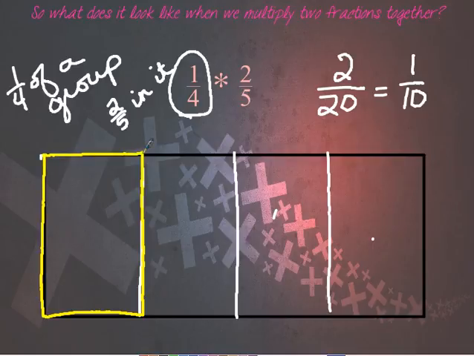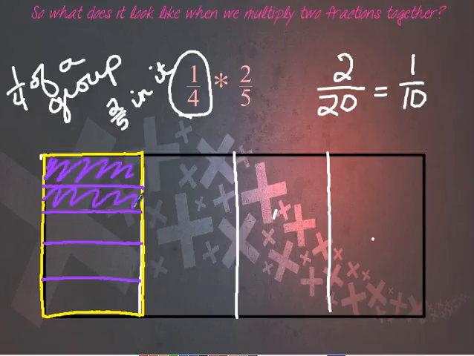Then in this 1/4, I'm breaking it into fifths. So 1, 2, 3, 4, and 5, and I only want these 2. Okay, so that is what we're looking for. That would be what your picture looks like.